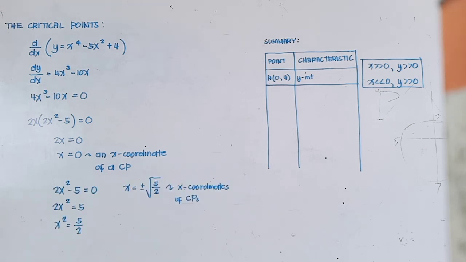Then, equating the other factor to 0, we will come up with 2 values of x. Naturally, they are going to be the x coordinates of 2 more critical points. So we will have 3 critical points in the graph of this particular function.